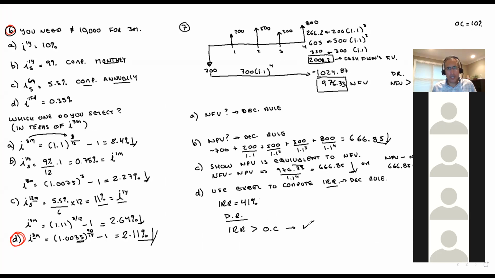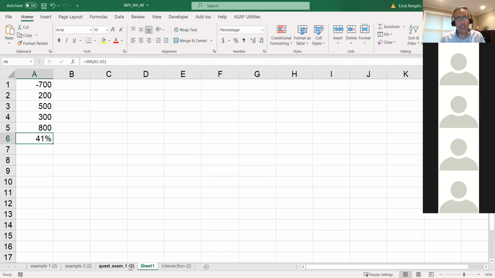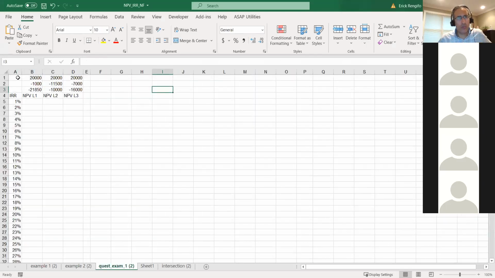Okay, guys, I think that with this review, you should be okay for the exam. The only thing you need to remember, guys, is in terms of the Excel file, you have this net present value internal rate of return file that you need to replicate. You need to be sure that you send me this file before the exam, next Thursday.